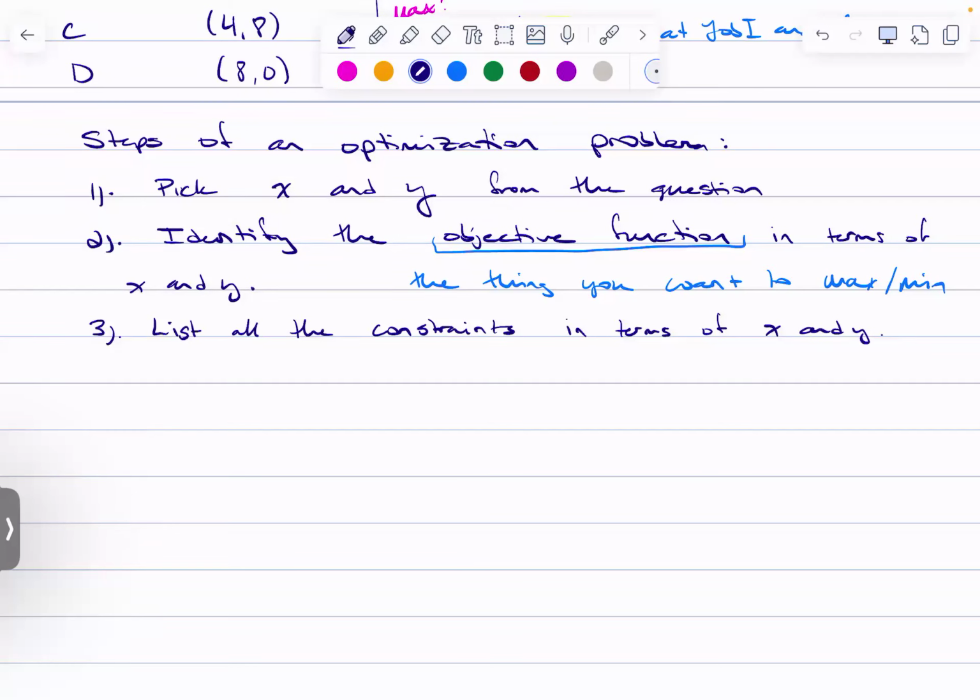Those are the things where she's not going to work more than 12 hours a week. No, no, no. She is okay working less, I guess, but no more. Right? So that would be a constraint that we have to consider.